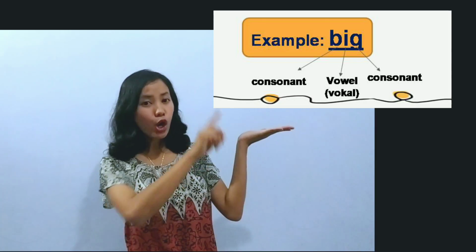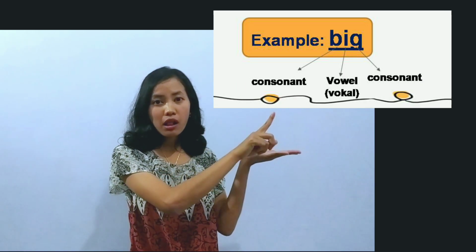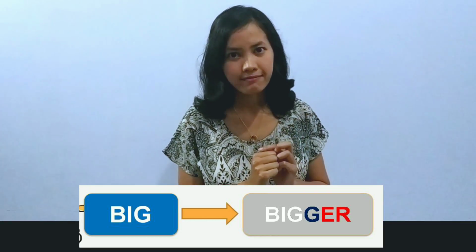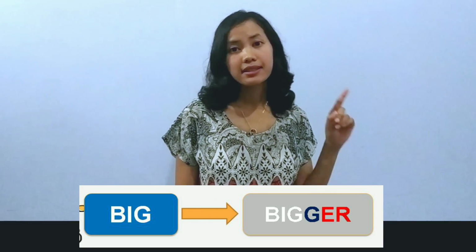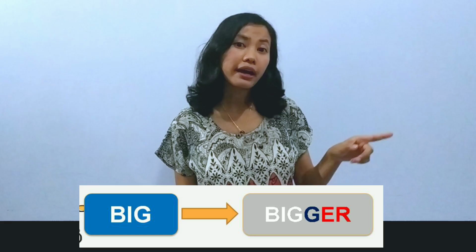And the last rule is we have to double up the consonant. Jadi kita harus menambahkan konsonan yang sama untuk adjektif atau kata sifat yang urutan hurufnya adalah sebagai berikut: konsonan, vokal, konsonan. Look at the example. We have big, besar. Big, B is consonant and I is the vowel.